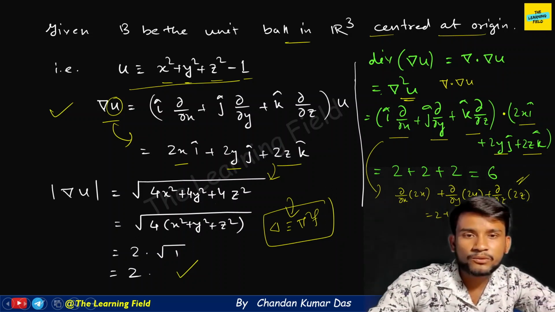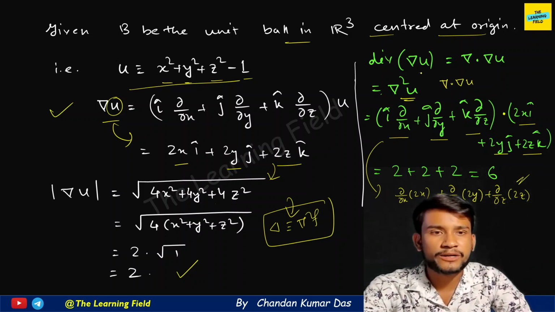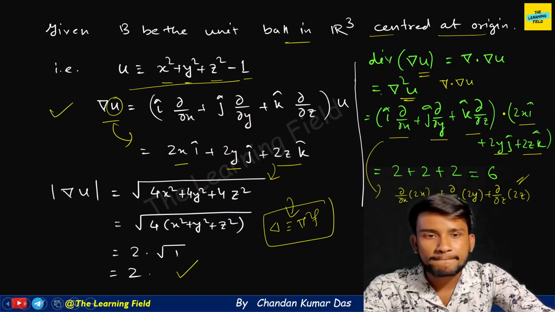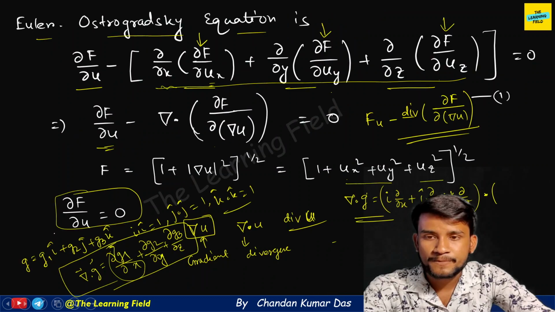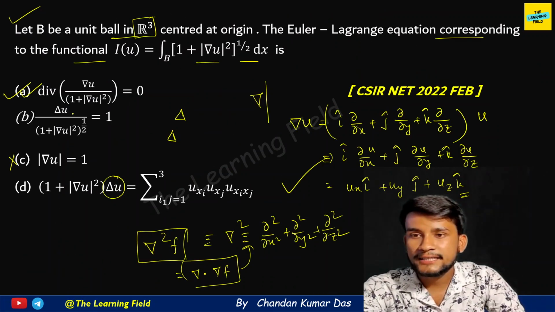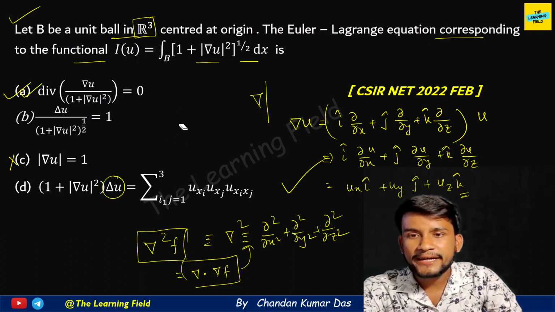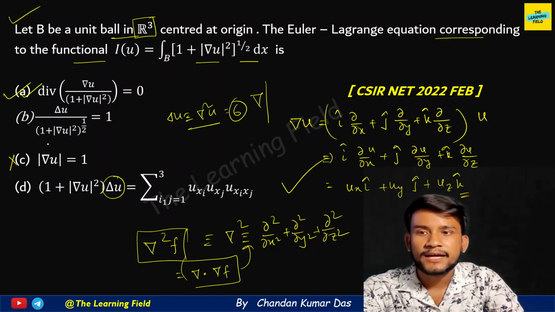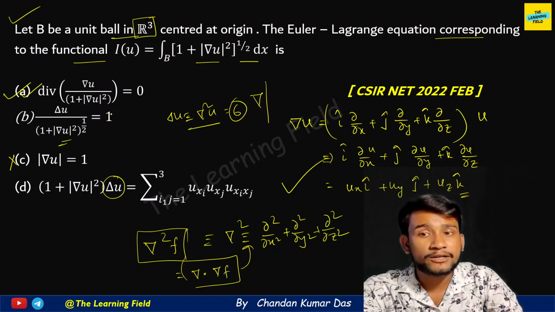Therefore this divergence of grad u value is 6, and if we take grad u by the Laplacian, grad square u, then this gives 6. This is fixed, therefore this cannot be 1.